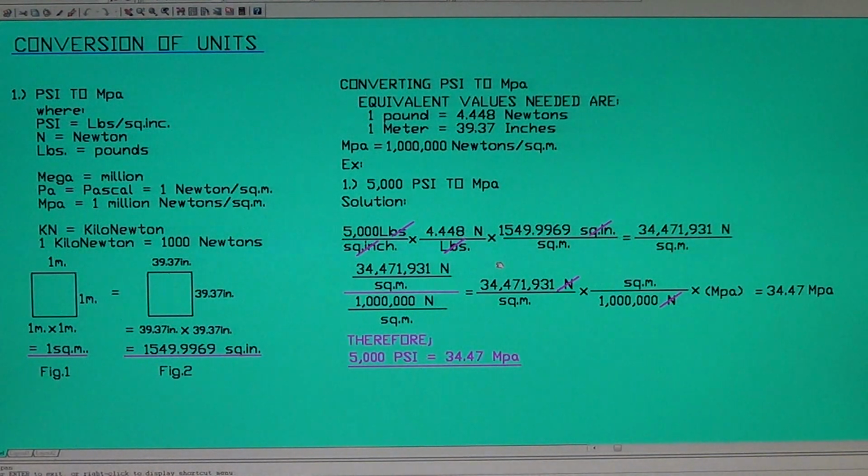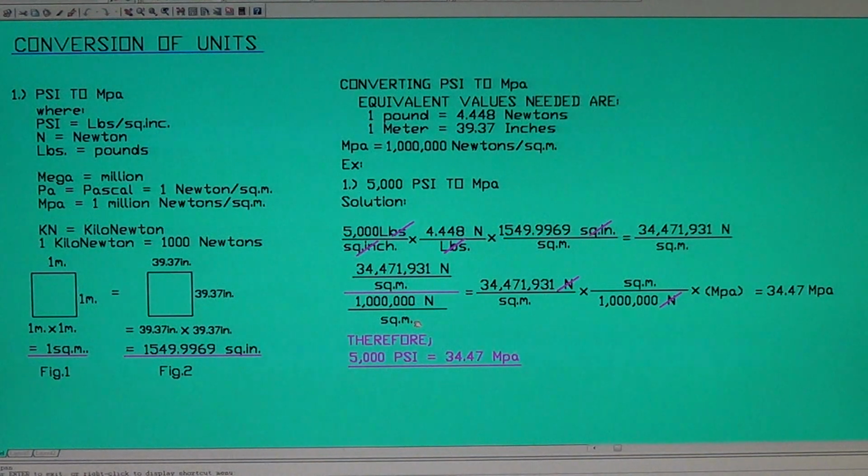Now to change that to MPa, you have to divide it by, in 1 MPa there are 1 million newtons per square meter. So you divide this by 1 million newton per square meter.